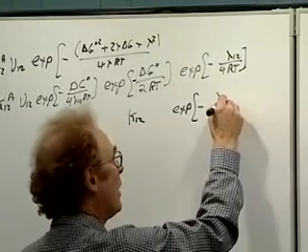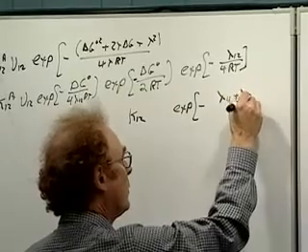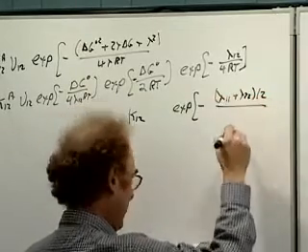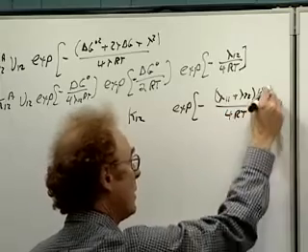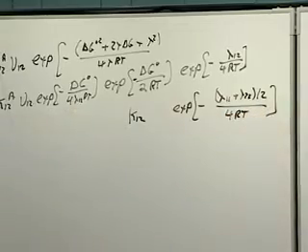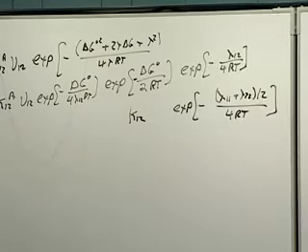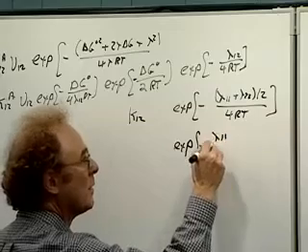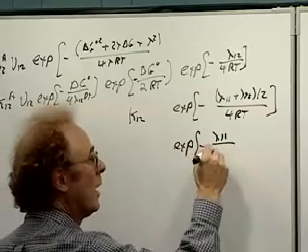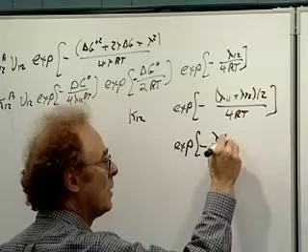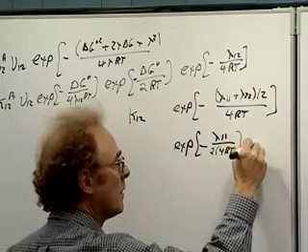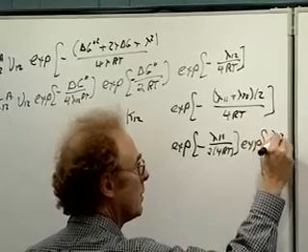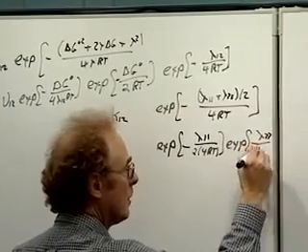So it will be minus lambda 1,1 plus lambda 2,2 divided by 2 over 4RT. And then I'm going to expand this again, all over 2 times 4RT.